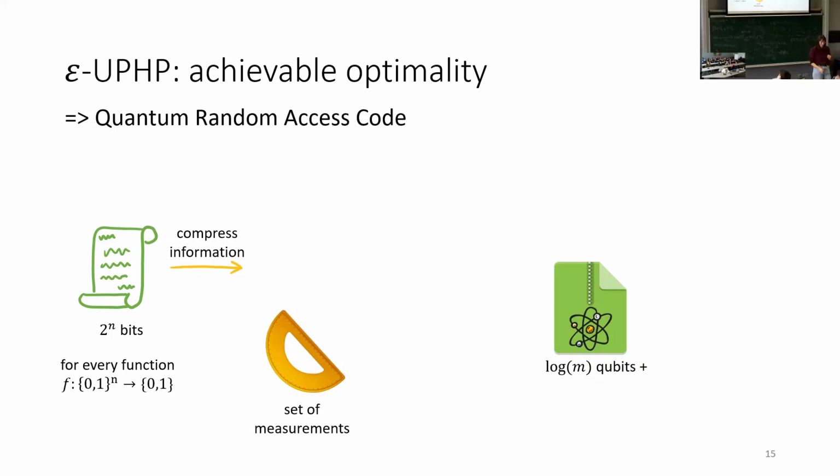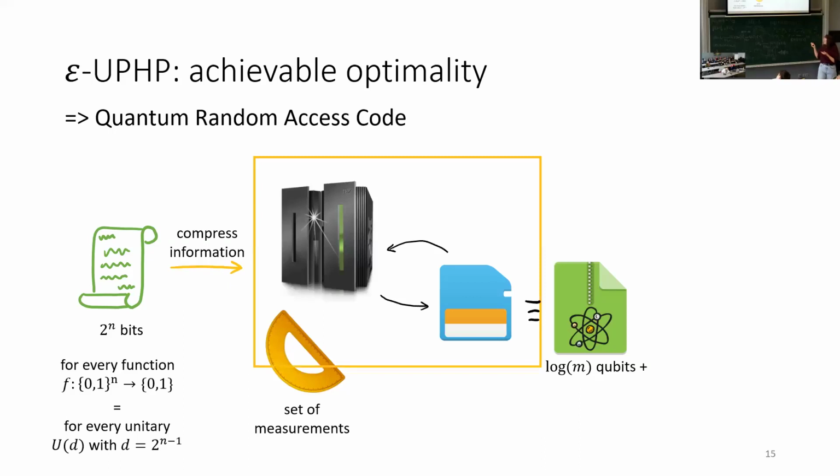Maybe this is a bit hand-wavy, but it gives the picture of how quantum random access codes relate to processors. So you have some unitaries with a certain dimension related to the number of bits. We are trying to encode these unitaries in some qubits such that we can retrieve them. And these qubits will be the memory.